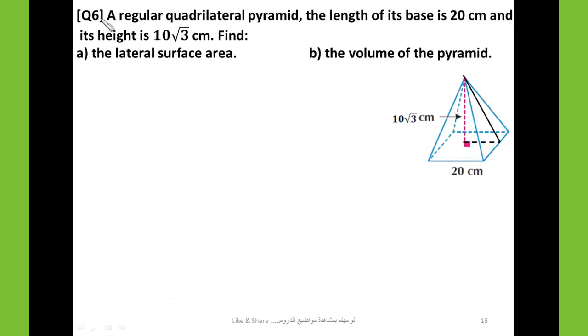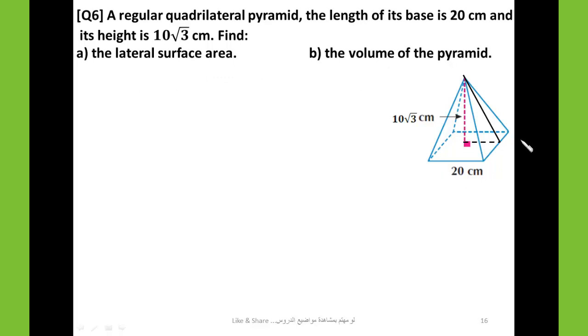Question 6. A regular quadrilateral pyramid. The length of its base is 20 centimeters and its height is 10 root 3 centimeters. Find the lateral surface area and the volume of the pyramid.